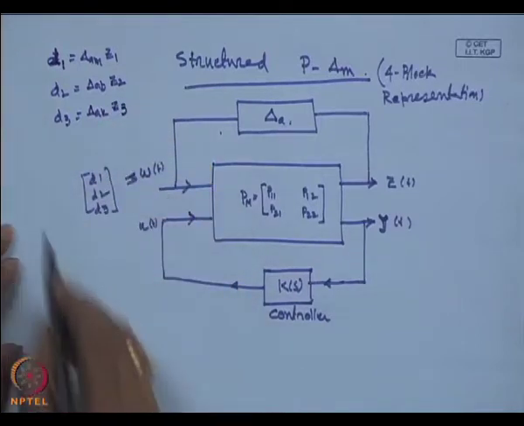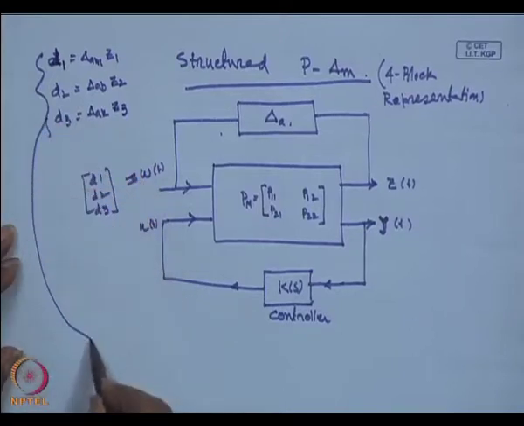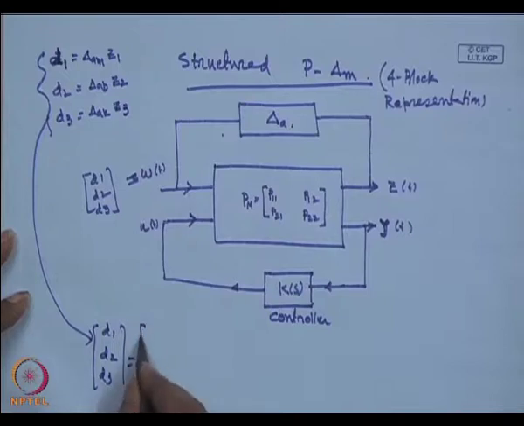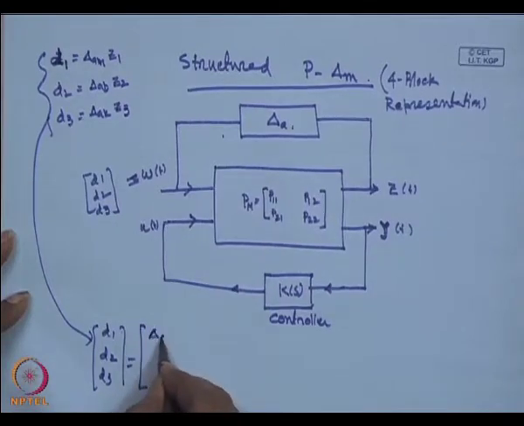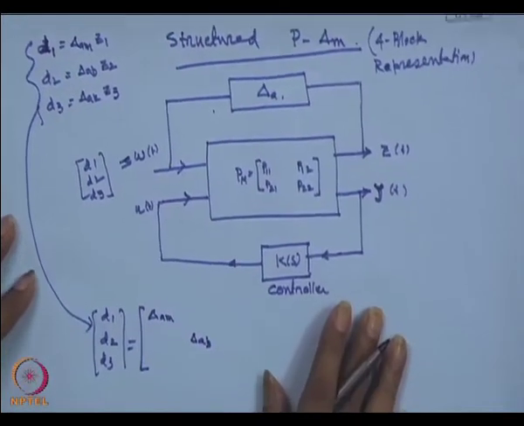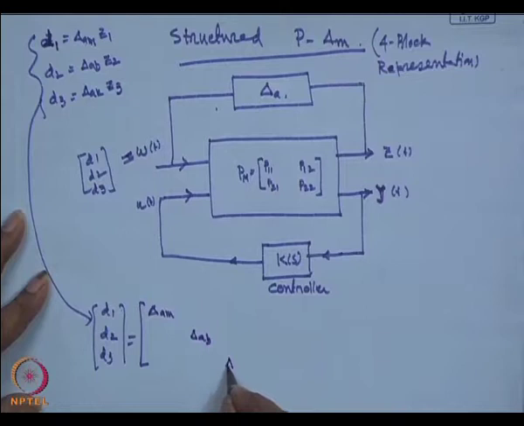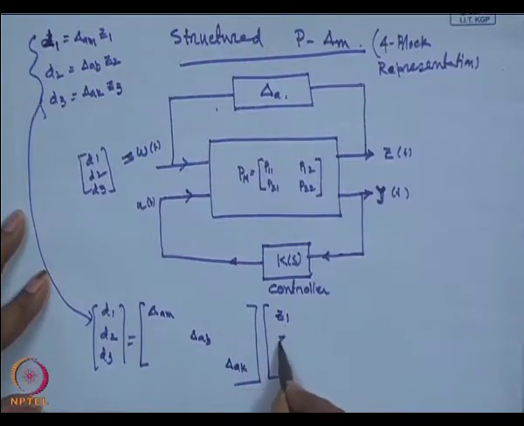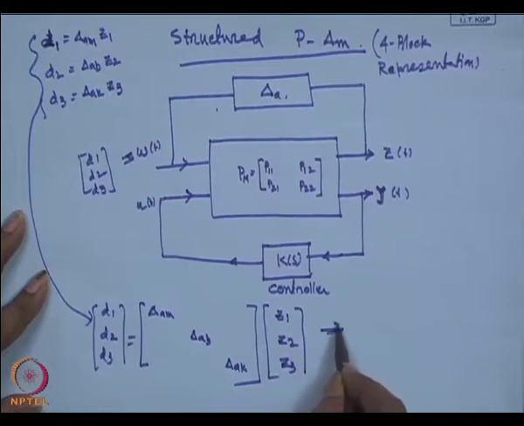Agree? Now, how can we write the D vector from D1, D2, D3? It is delta A m, delta A b and delta A k multiplied by Z1, Z2, Z3.